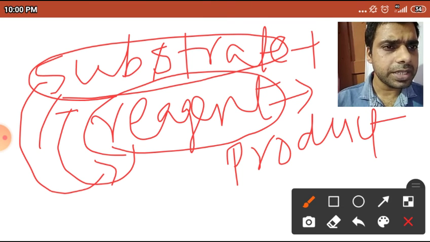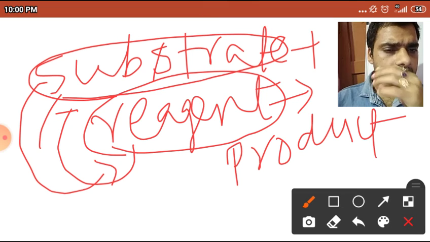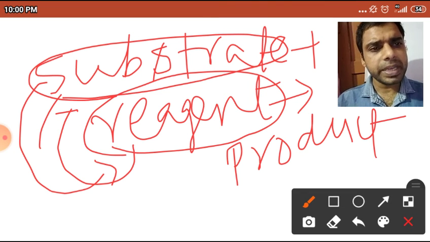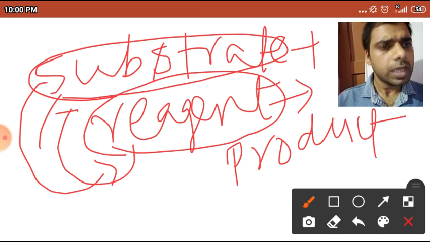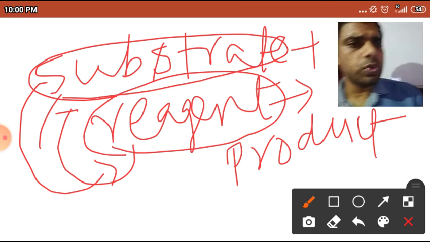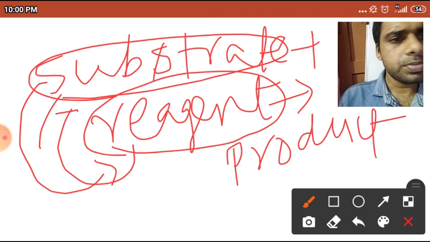This is arbitrary, meaning it depends on which one we are making the substrate. Both can be the substrate, both can act as a reagent, okay? So it depends on whom you believe the substrate would be.